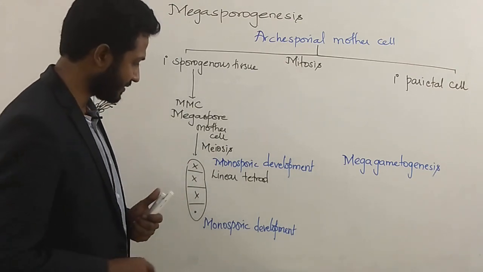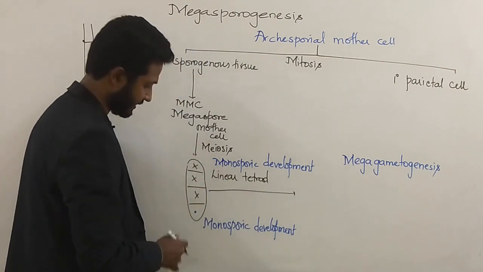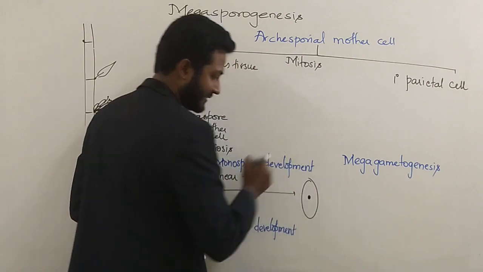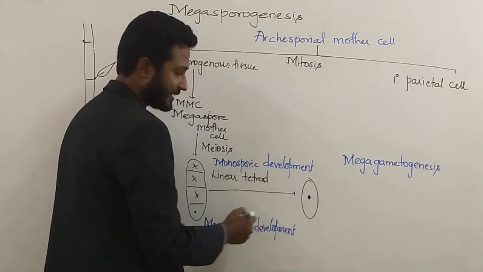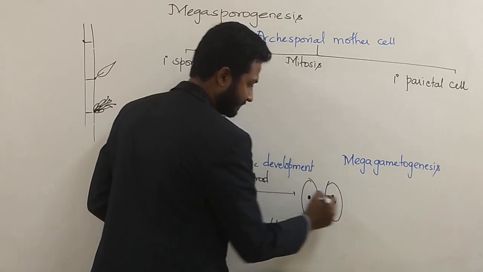How exactly is the mode of division? This particular cell, the upper three cells got degenerated. This will enlarge itself and the cell will come at the center. After coming at the center, it's gonna divide by mitosis and form two daughter cells.